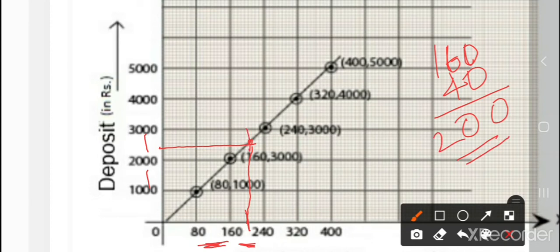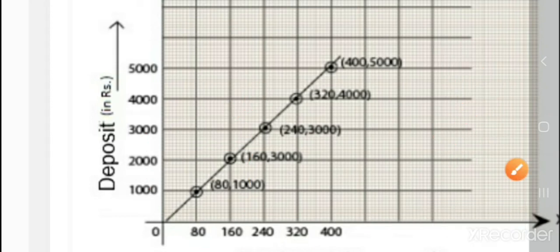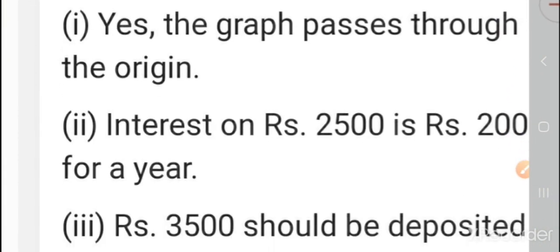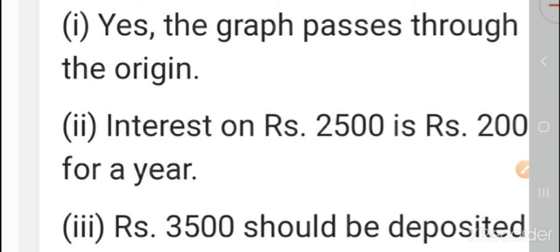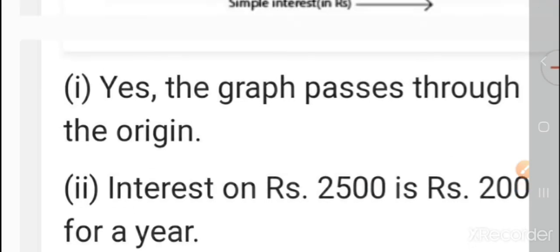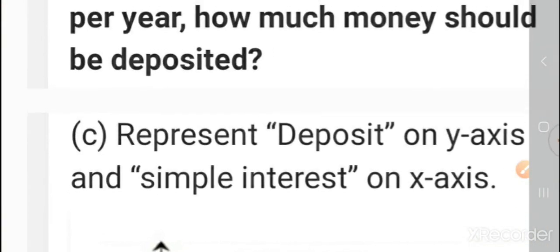So here the simple interest will be 200. Got it? The interest on rupees 2500 is rupees 200 for a year. Now let us see the next one.